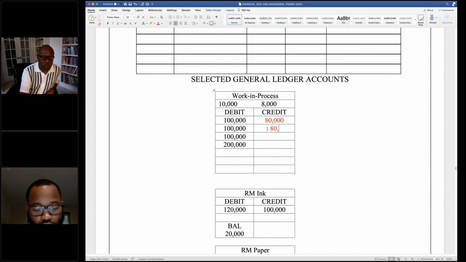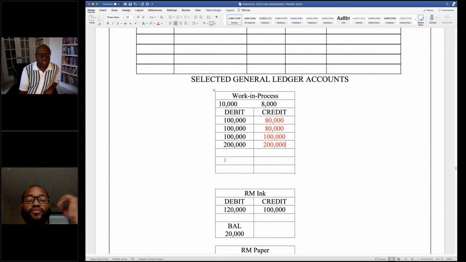I have this in red because it's not the journal entry, but it shows how we're calculating the amount that we're going to transfer out. But we're going to transfer out all of the labor because the workers have been paid and are spending their money, and the overhead goes with the labor.